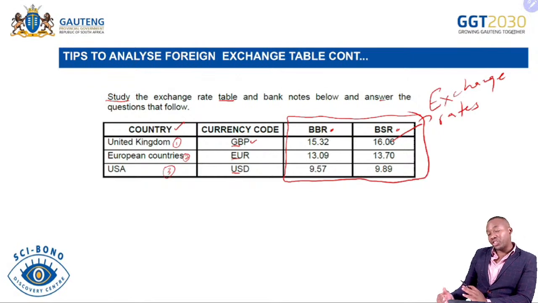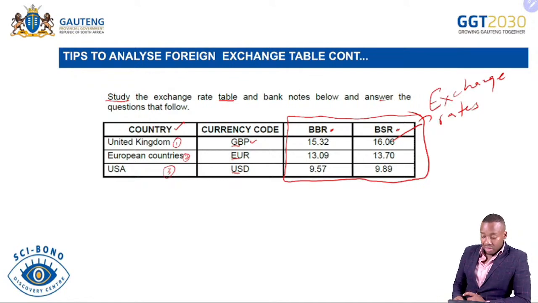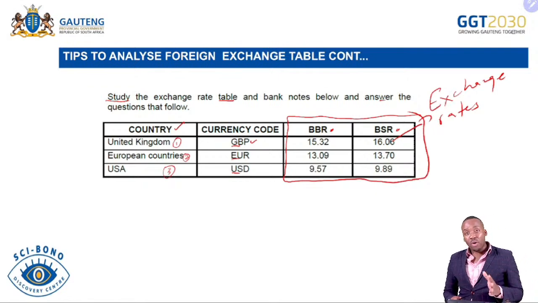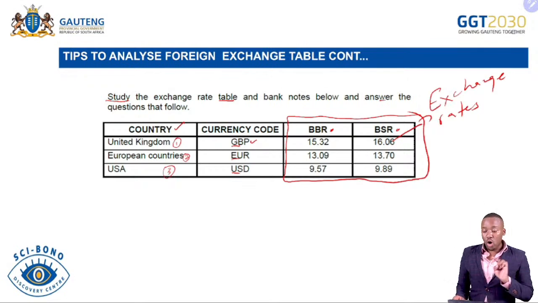Remember, we said it's an exchange rate. It is how much the bank will charge you for that particular currency. It is the value of one currency in relation to the other. So the first column, you have the countries. The middle, you've got the currency that is used in that particular country. And then the last 2 columns, you've got the exchange rates. And then inside, you've got those amounts. Obviously, these are the amounts in rands.